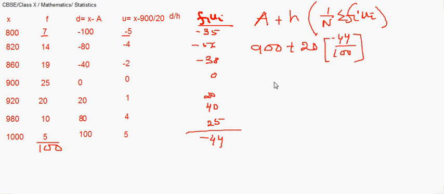If we do this calculation, I'm getting 900 plus, this gets cancelled, 5, minus 44 upon 5, so it will be minus 8.8. That is also giving us 891.2. This is how you calculate the mean under the step deviation method.